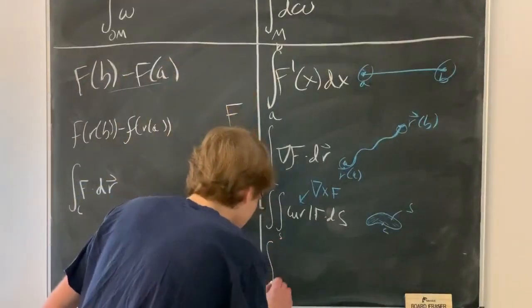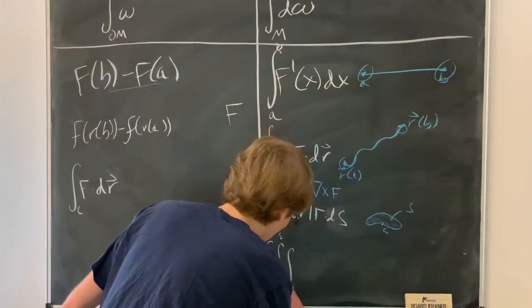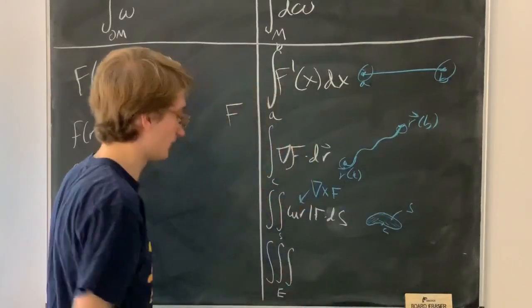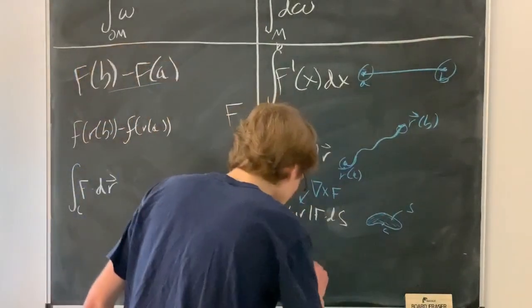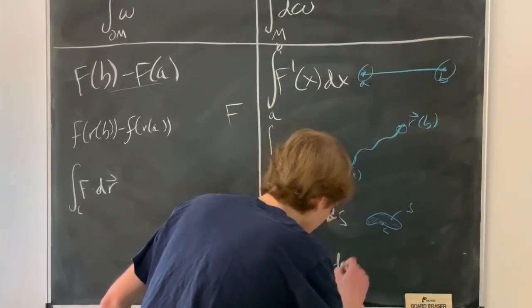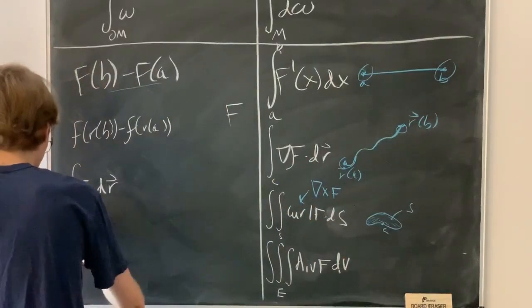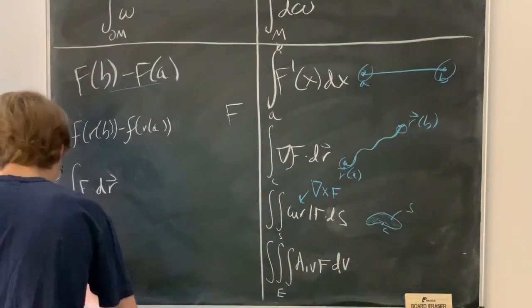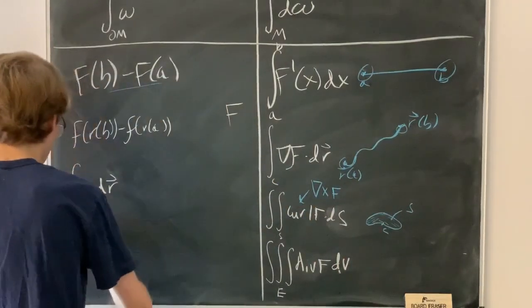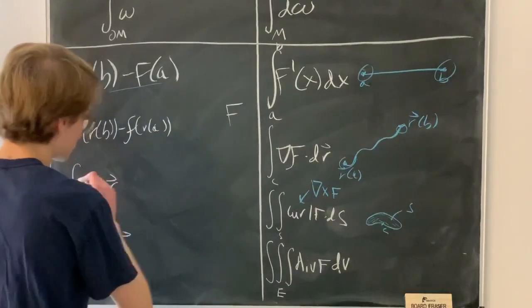And this one says that the triple integral over a solid E of the divergence of F dV is the same as the surface integral of F dot dS.